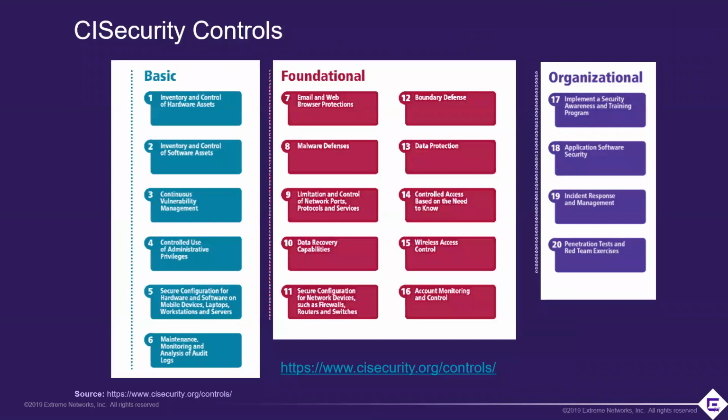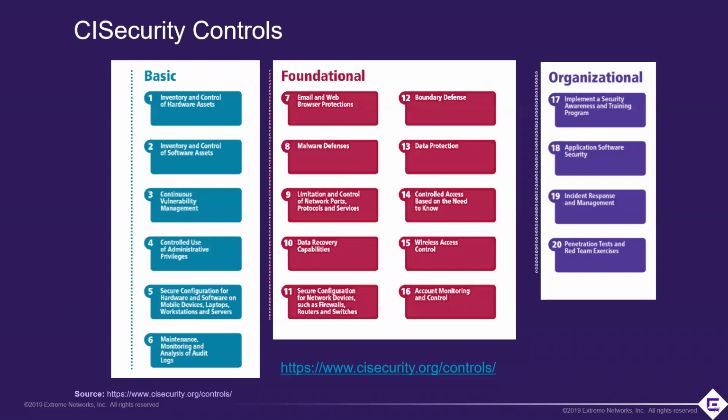Now, I want to step away from Extreme for a second and talk about some open system resources that are available. First of all, CIS security, the critical information security controls. As you can see, this is a grouping of security practices. Within each group, there are best practices in the areas of wireless access control, account monitoring and control, and the limited control of network ports, protocols, and services.